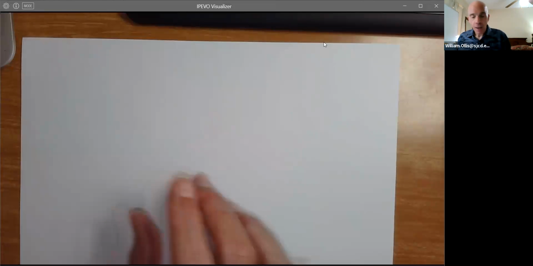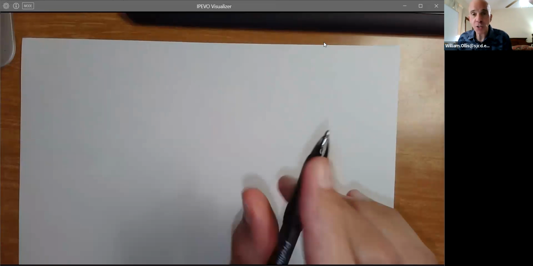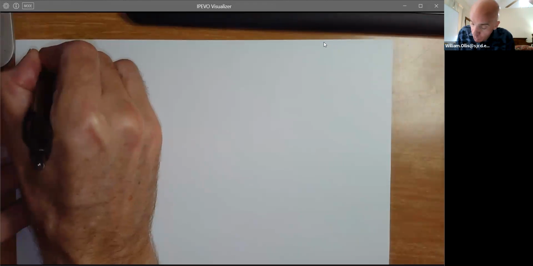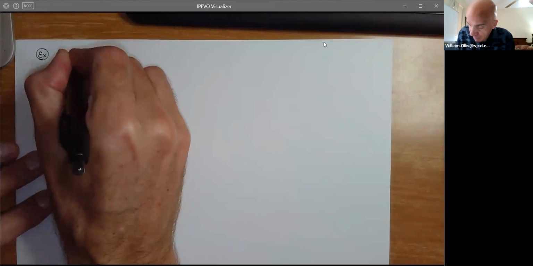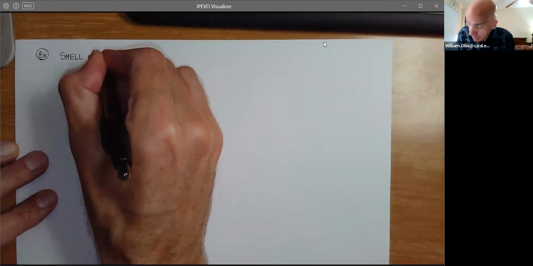Now, here's another example that a lot of you will see in engineering, and some of you will be taking probability courses. So I thought this would be a good example to utilize with the shell method. So shell method.